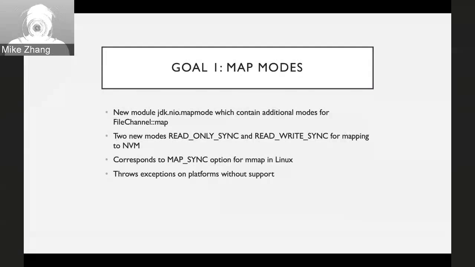So it's read-only sync and read-write sync that are the two map modes used for mapping to NVM. These modes correspond to the MAP_SYNC option for mmap, the mmap system call in Linux. And this is one of the reasons why the target is so narrow, because it relies on mmap to actually do the mapping, so we can only support the platforms that support this.